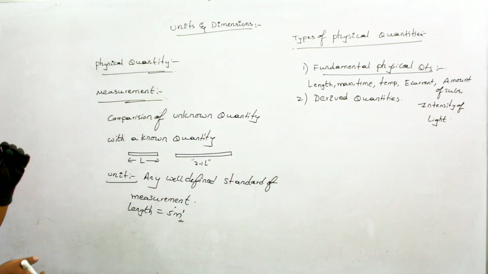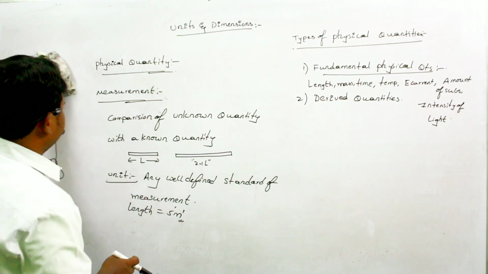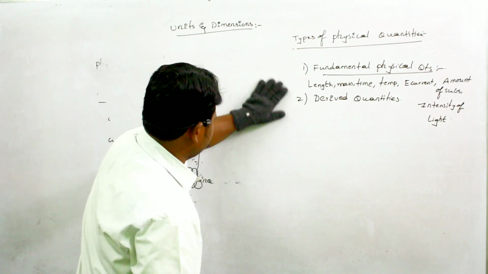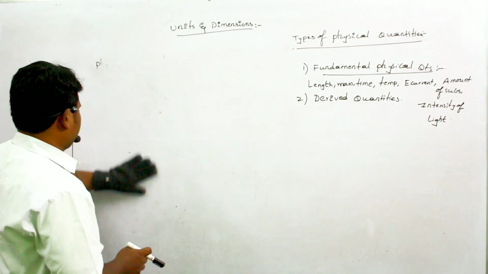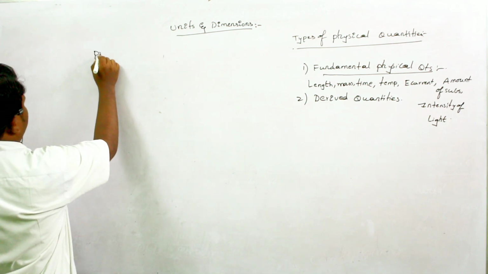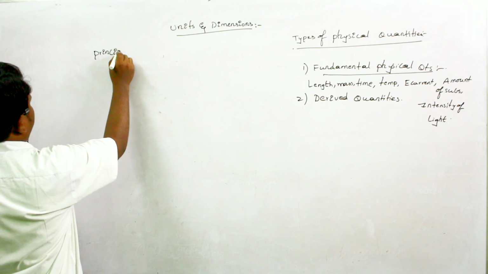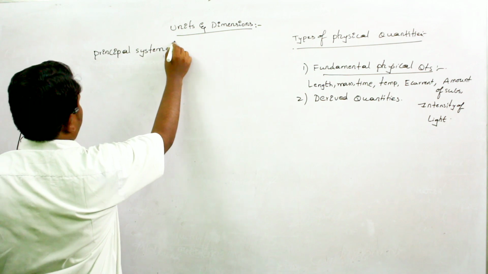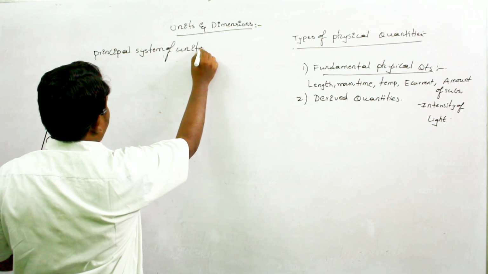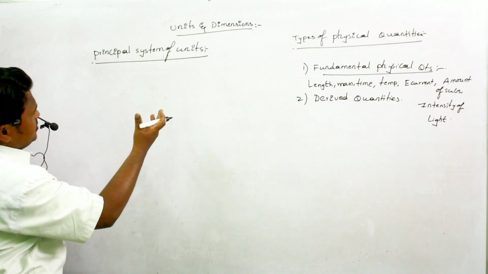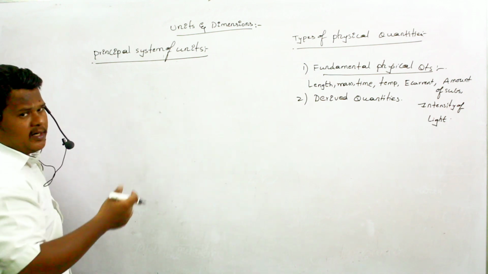After this, let us see the principal systems of units. In the principal systems of units, units are defined in how many types?